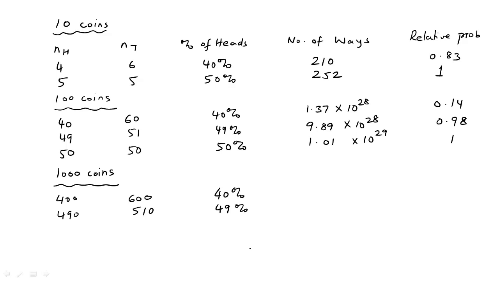Let us now calculate these numbers. Let me go to the next page for that and come back to this page to write the result after finishing the calculation. The number of ways for getting 40% heads is 1000 factorial divided by 400 factorial divided by 600 factorial.